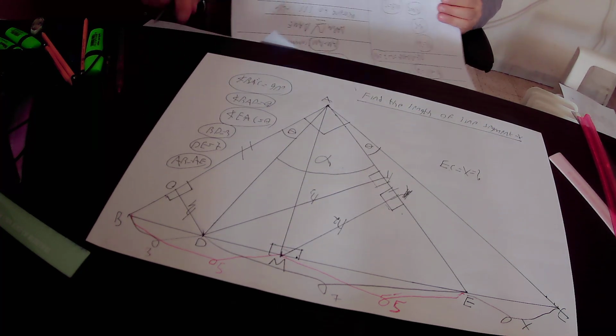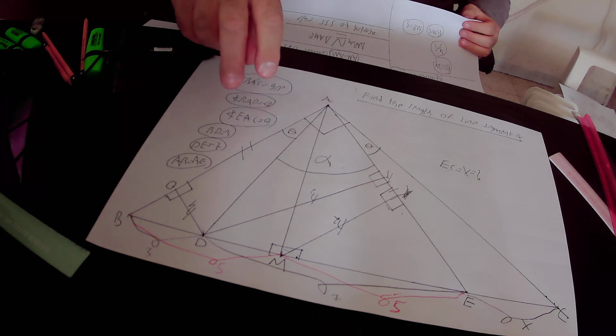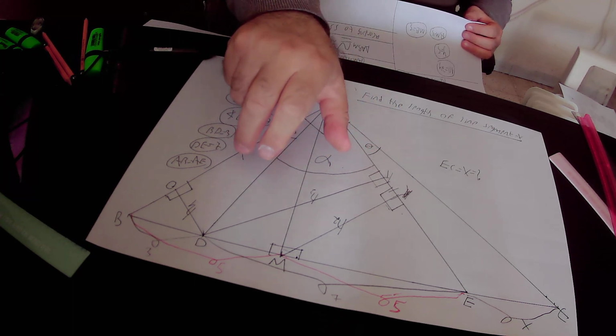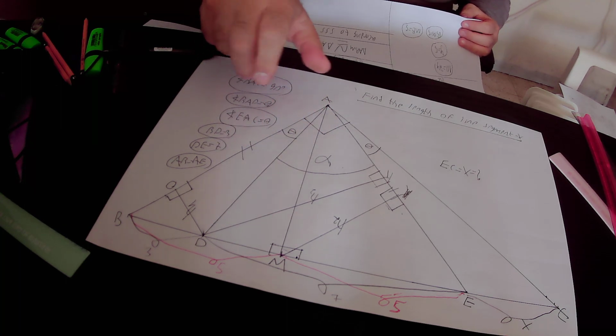We actually proved that all sides of triangle ABM can go into all the sides of triangle AME, therefore those two triangles can go into each other according to the side rule.